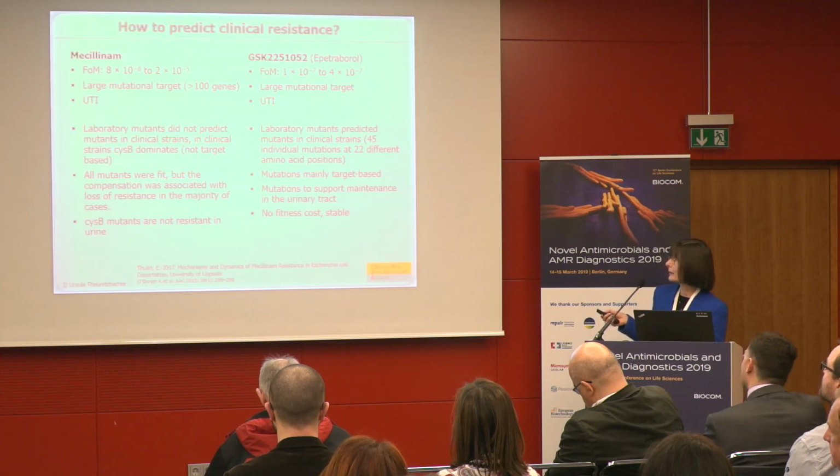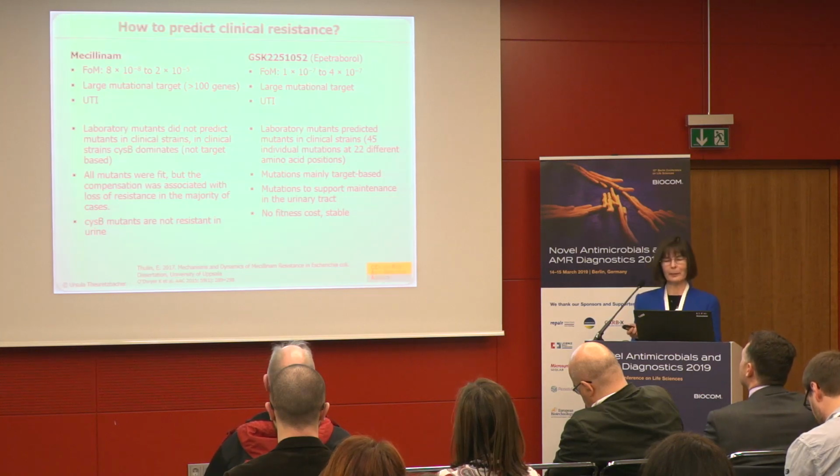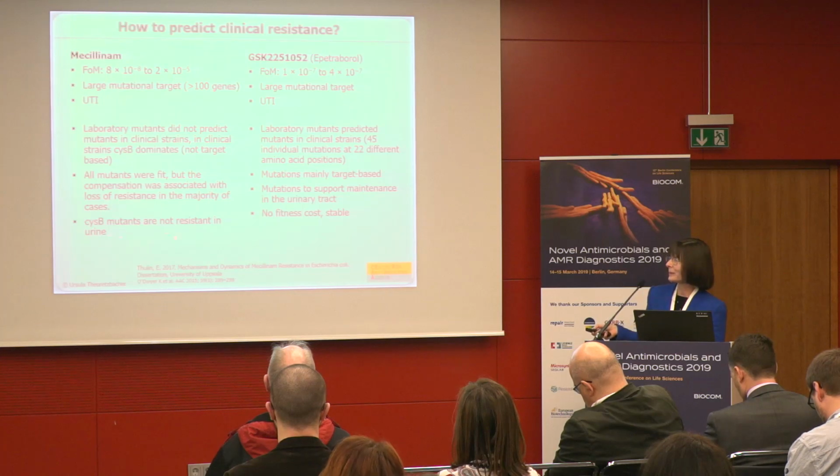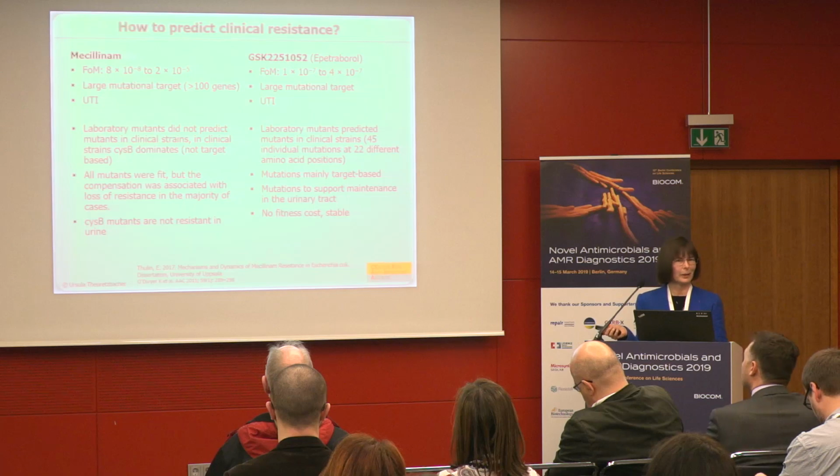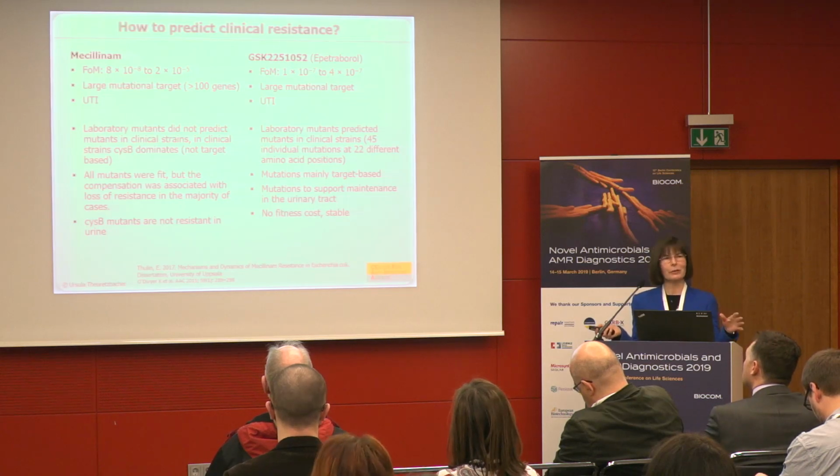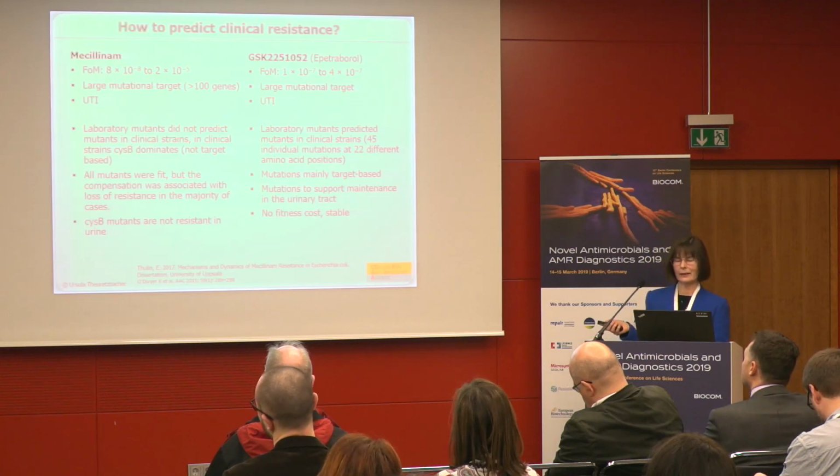In contrast, the mutations here supported the maintenance in the urinary tract. And these mutants were not resistant in urine. So a big difference between the lab situation and the clinical situation.